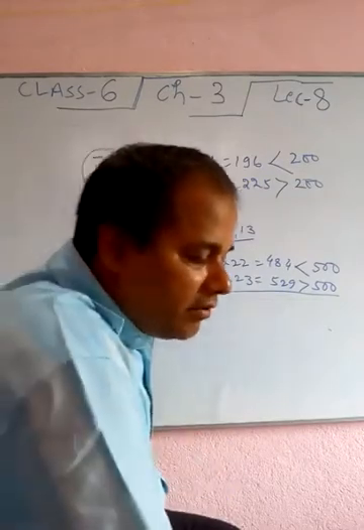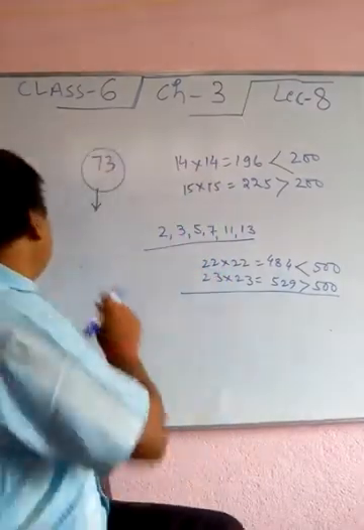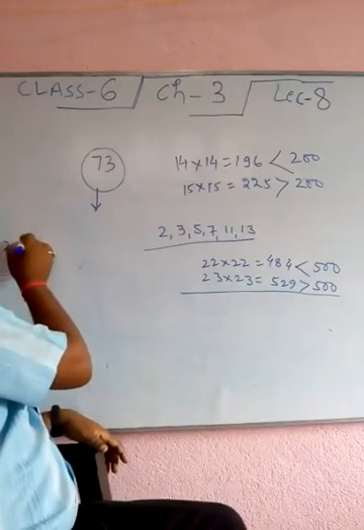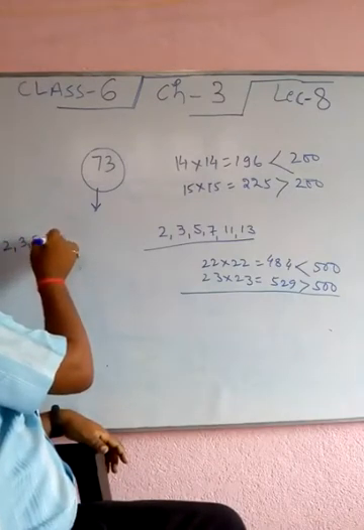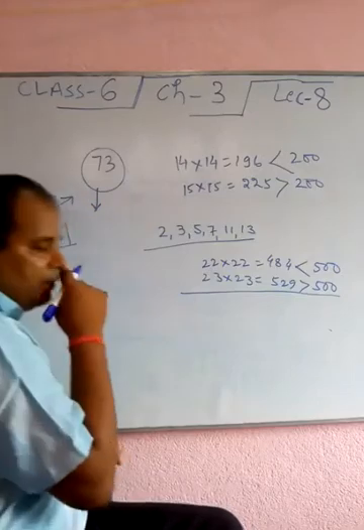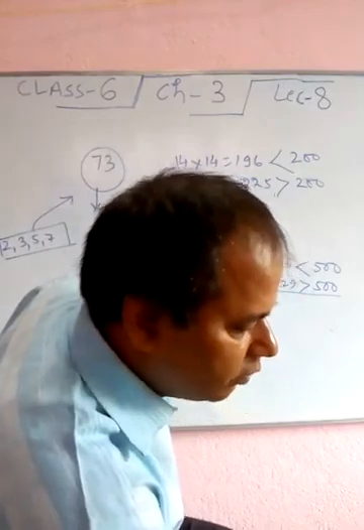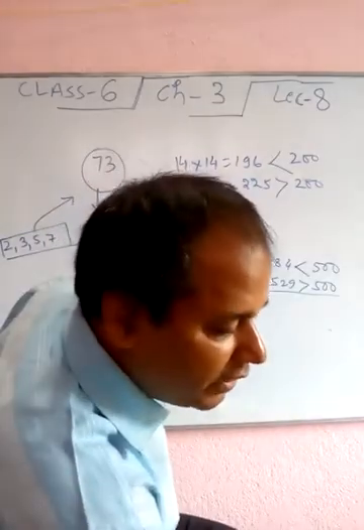So check the divisibility of 73 by the prime numbers less than 9. So here it is 2, 3, 5 and 7.